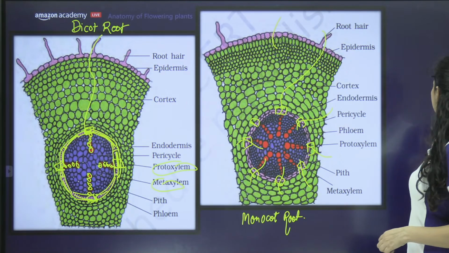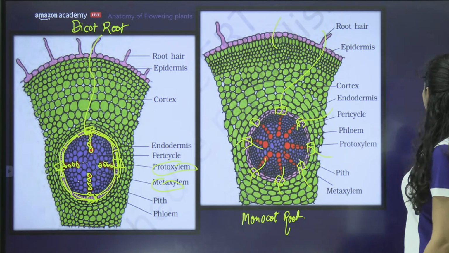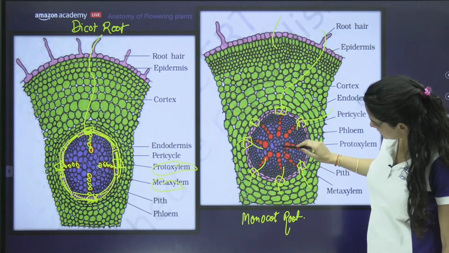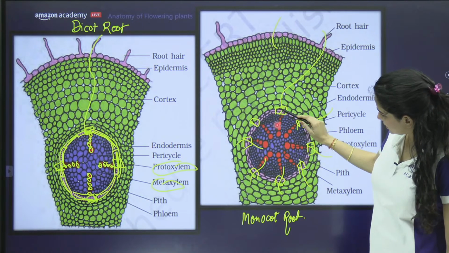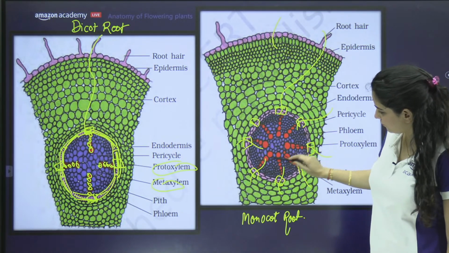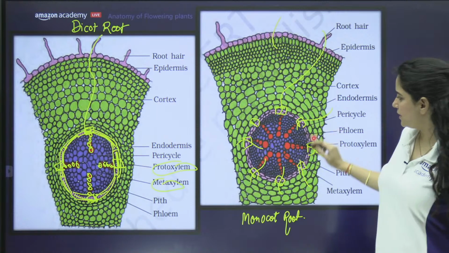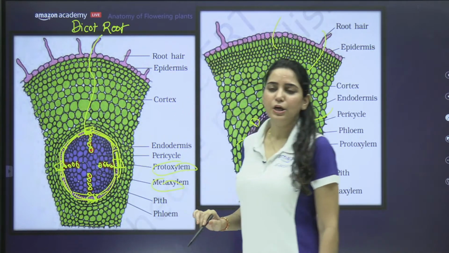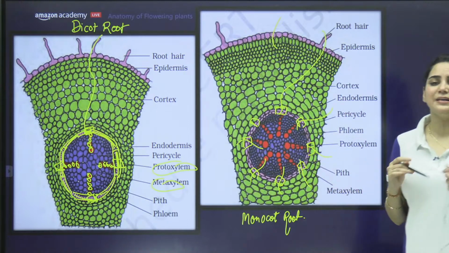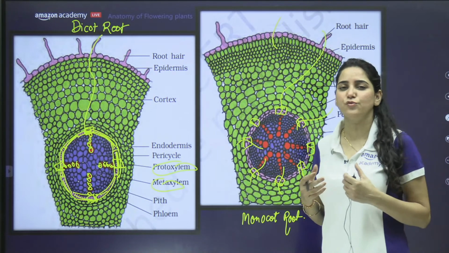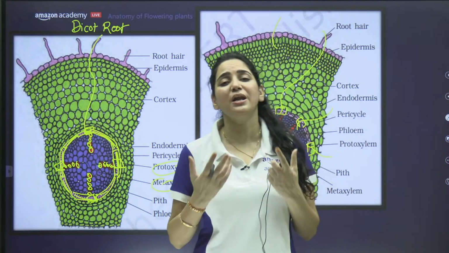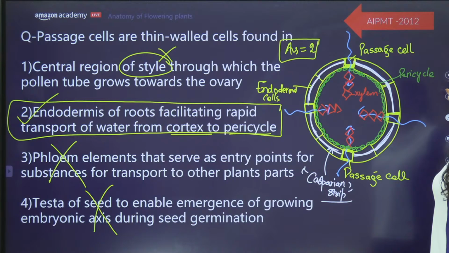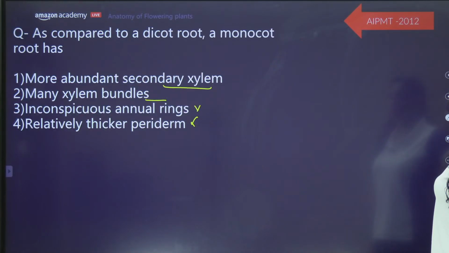See, यहाँ पे आ जाओ. I will just highlight it with the help of laser. You see कितने सारे patches हैं. This is one patch. Can you see this? 1, 2, 3, 4, 5, 6. And here, how many patches? Just 1, 2, 3, 4. So in dicots, it is a tetrarch condition, while as in case of monocots, it's called the polyarch condition. तो यहाँ पे क्या आंसर होगा बेटा?